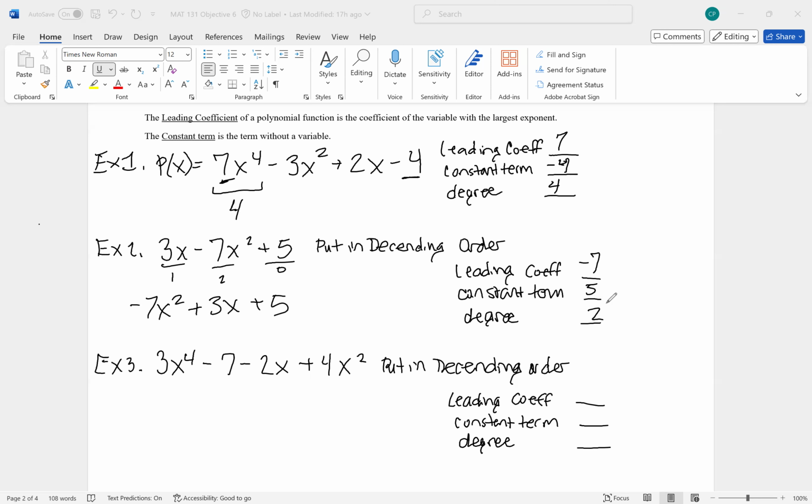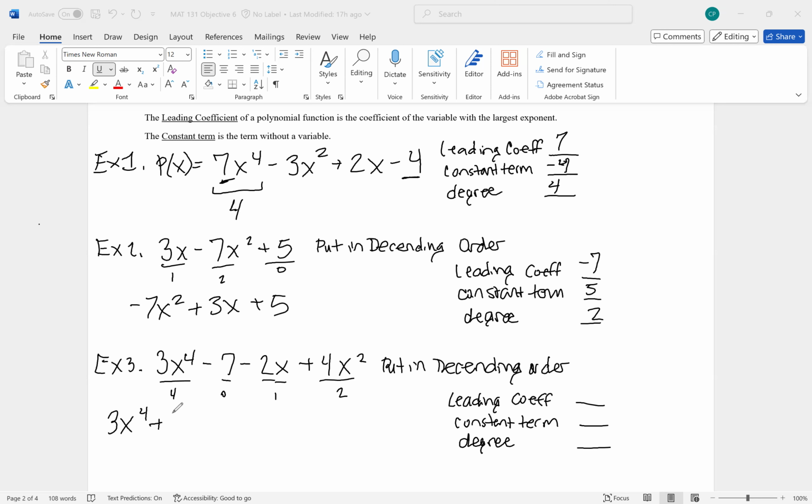All right, let's do one more. We've got 3x to the 4th minus 7 minus 2x plus 4x squared. First, let's identify the degree. The degree here is 4, this is 0, this is 1, and this is 2. So if we put those in order, the first one is going to be 3x to the 4th.